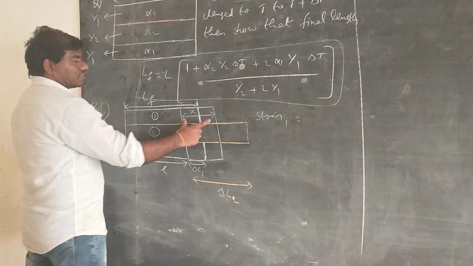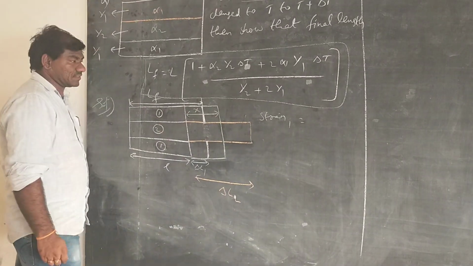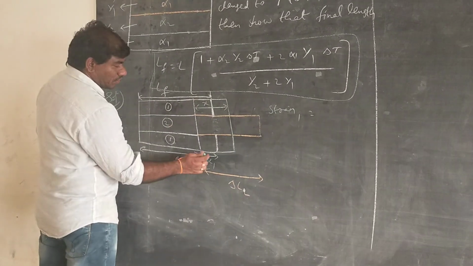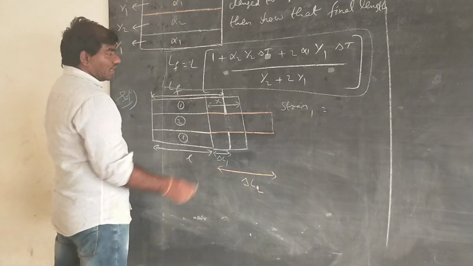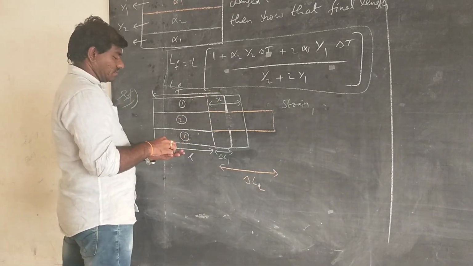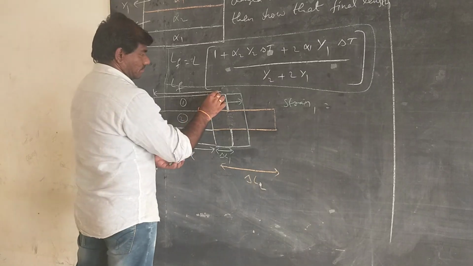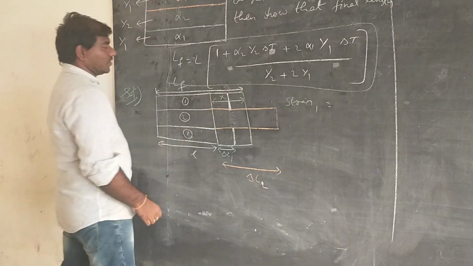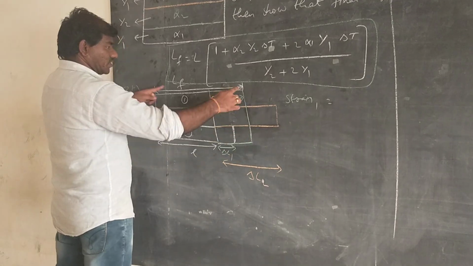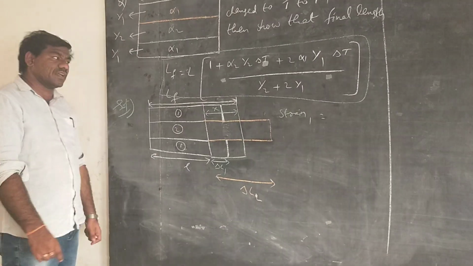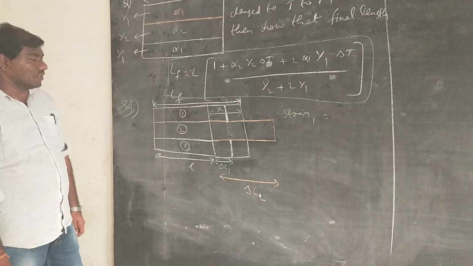So this final position we take as x. This is going to be your delta L1 and the expansion up to here is going to be taken as delta L2, and this will be your final length up to here. This is your final length of the system, LF. Okay? So let's start how to solve this problem.